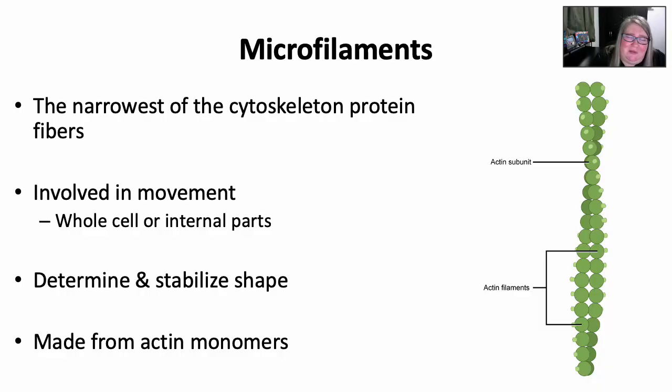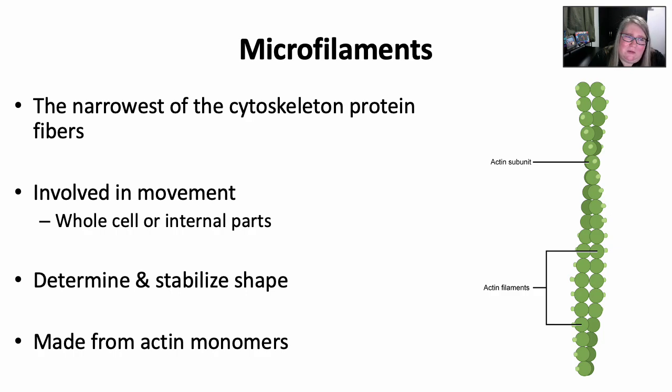Microfilaments are made from the protein actin. Okay, so actin is a monomer and they're joined together to form the microfilaments, which is a polymer. Okay, so we have repeating actin molecules in our cytoskeleton. Now, these are really important. These microfilaments are going to help with contraction of muscles in multicellular species, so like us, but in single-cell organisms, they're also going to help with cell movement, okay, and cell locomotion.